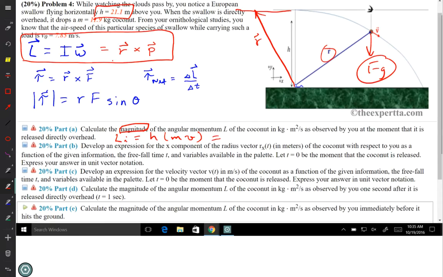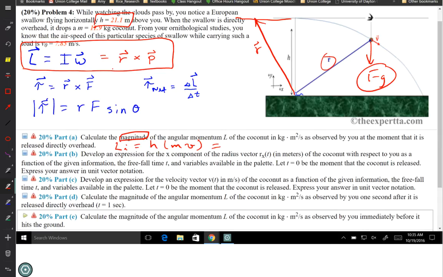Well, we can break this into two components. We can calculate at this location, it has a Vx and a Vy, those two components. And of course, the radius can be broken up into its components. So I'll have an Rx and an Ry.